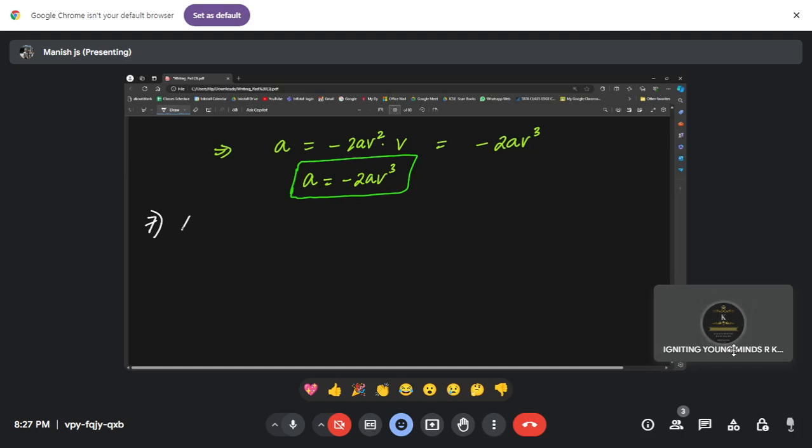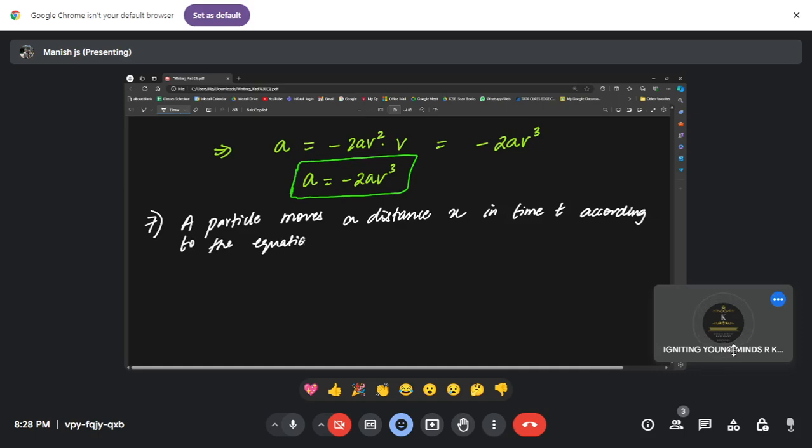A particle moves a distance x in time t according to the equation x is equal to (t plus 5) the whole inverse.